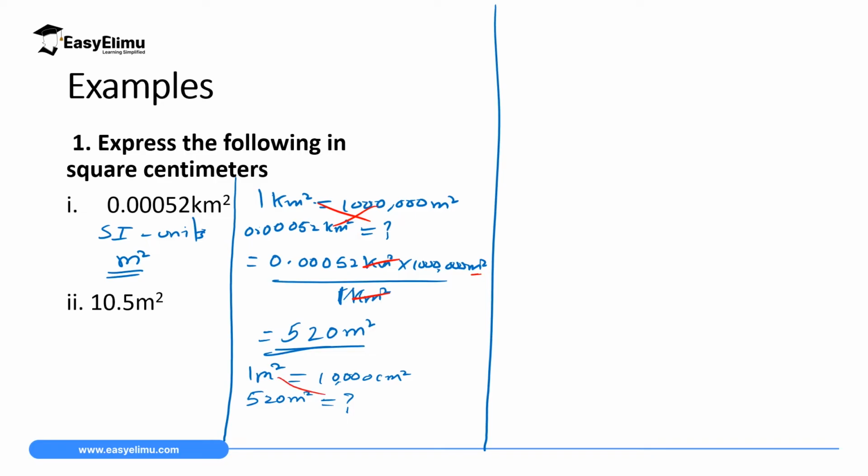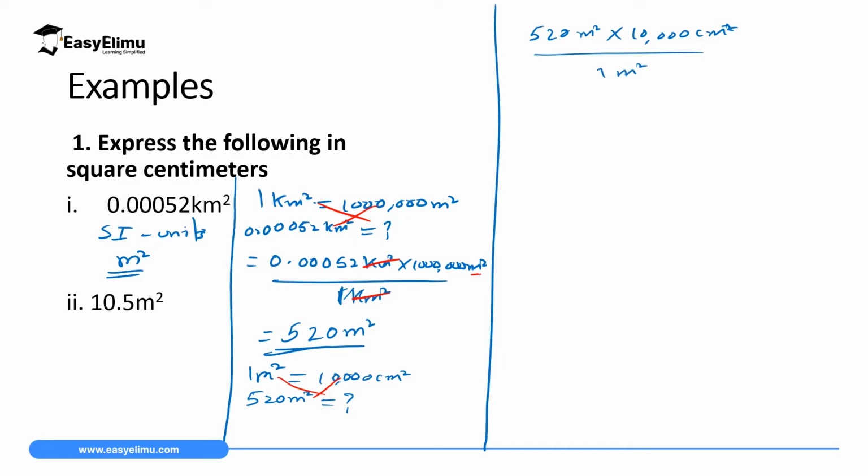If we cross multiply, we get 520 square meter times 10,000 square centimeter, divided by 1 square meter.